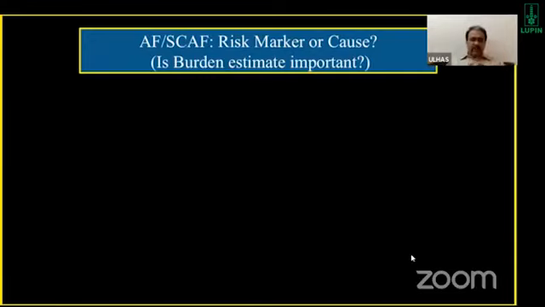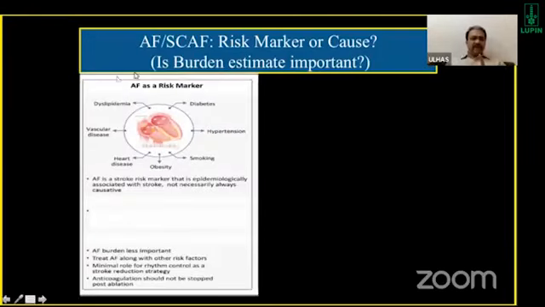So why are there two schools of thought? It is because of the authorities who believe, let us not look at the burden at all. Let us consider AF as just a risk marker, because AF is almost always associated with one or the other systemic diseases, for example dyslipidemia, vascular diseases, some underlying heart disease, obesity, maybe sleep apnea, smoking, hypertension, and diabetes.